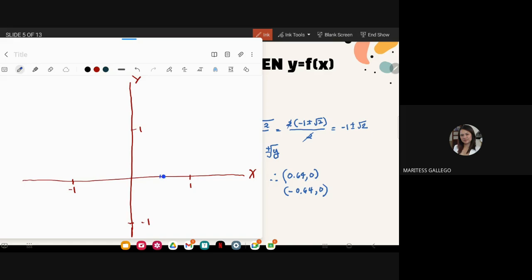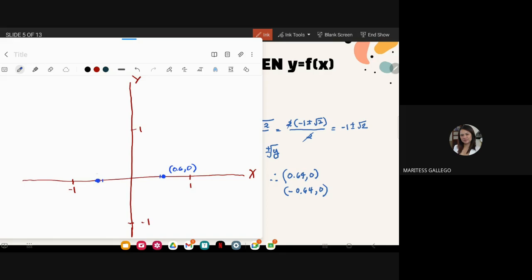Approximation, okay? So this is now the intersection to our x-axis kasi x-intercept. So this is our point 0.6 and 0, or 0.64. And then yung isa negative, 0.5 yan, nandito naman siya.